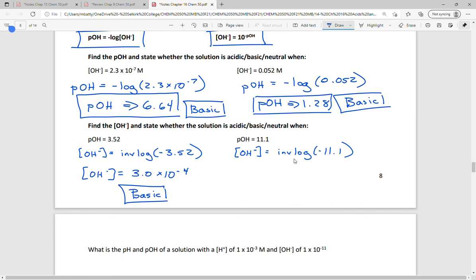And remembering I've got one decimal place, so I'll have 1 sig fig in my answer here. So I'd have 8. Whoops, I forgot the units on there. 8 moles per liter. And when it is a pOH of 8, that would make an acidic solution.